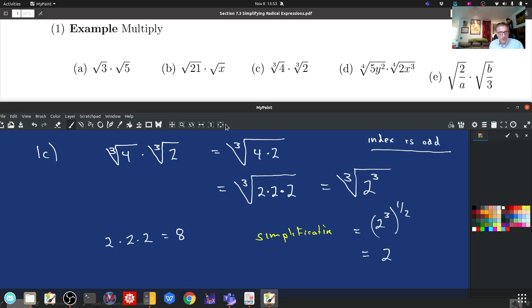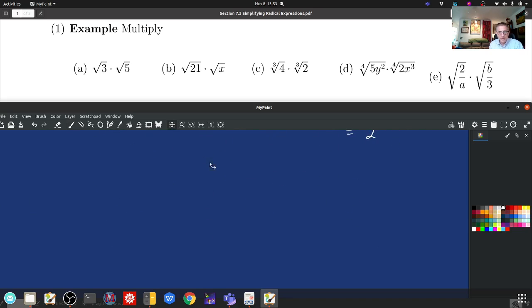Recall, going back to the definition of the square root: the square root of a number b is some number c such that c squared is equal to b. So now let's use the nth root.